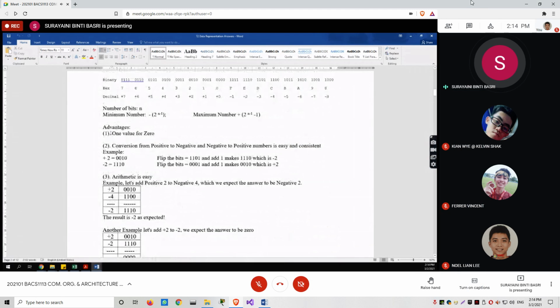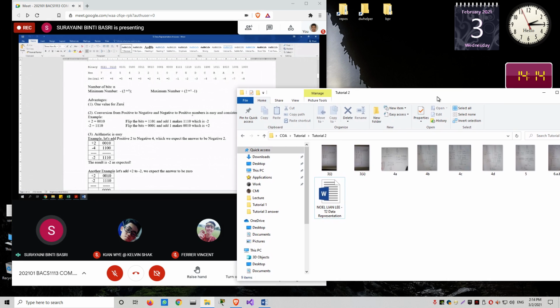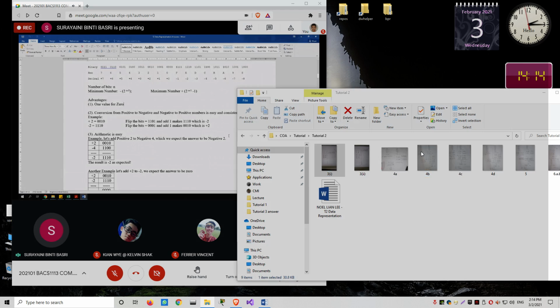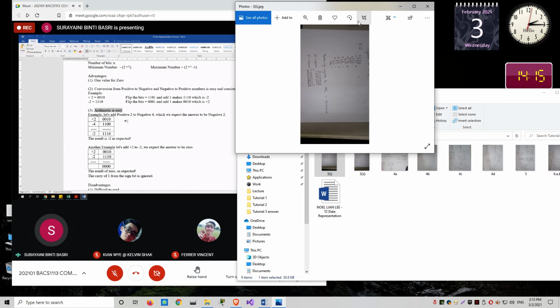The advantage of using this way of representing signed numbers is that there is only one value for zero, the conversion from positive to negative and negative to positive is easy and consistent, and when you are doing arithmetic, it is also correct and easy.